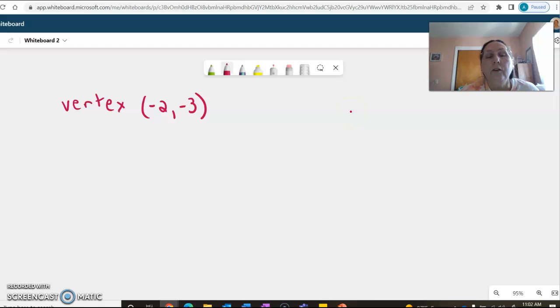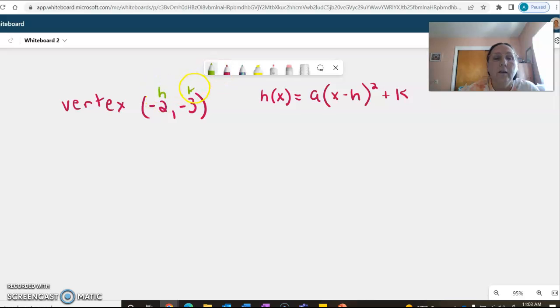What we're going to do is use this and put it in the standard form of the function. So h of x equals a times the quantity of x minus h. Let's try that again, not b, but h. x minus h, quantity squared, plus k. And this right here is h, k.